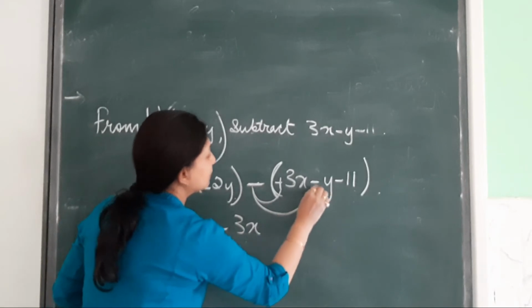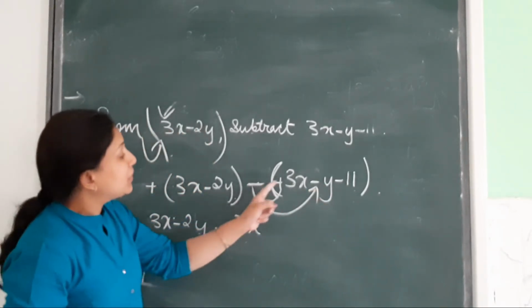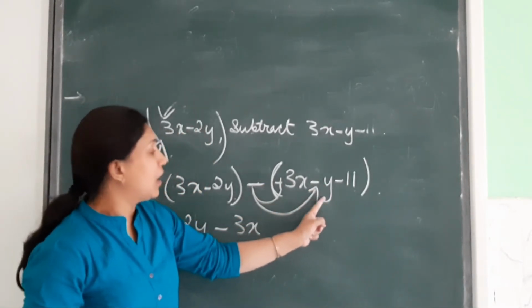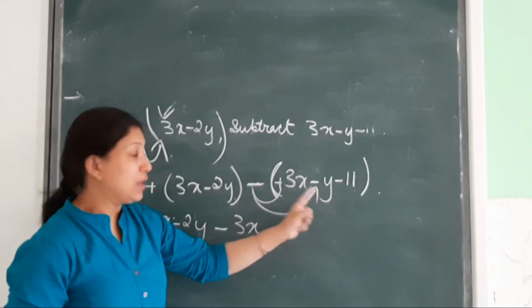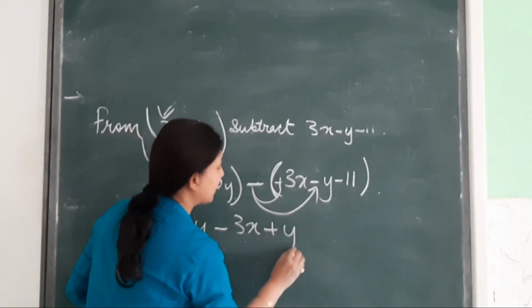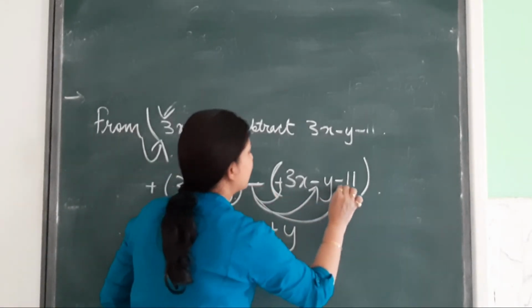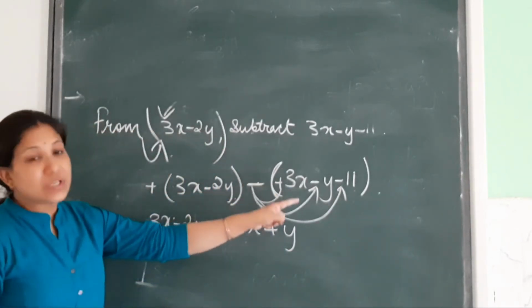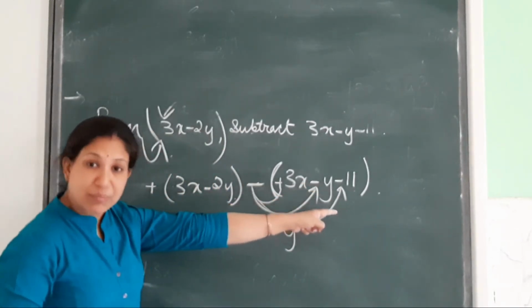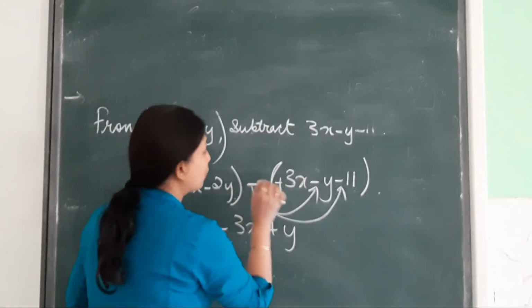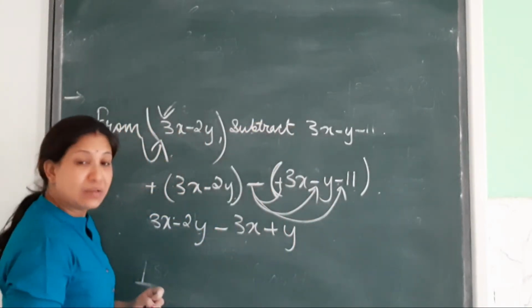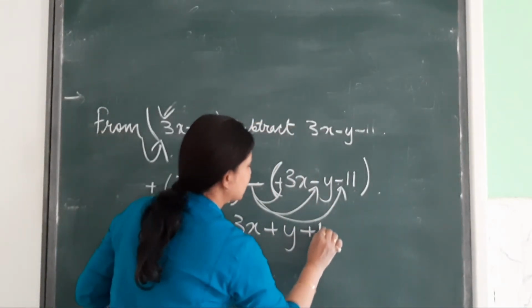Now minus will go to which member? To the second house. That is minus y. Minus into minus, plus y. And now again minus will go to this house and meet the third member, minus 11. So minus will meet only sign, minus into minus, plus 11.